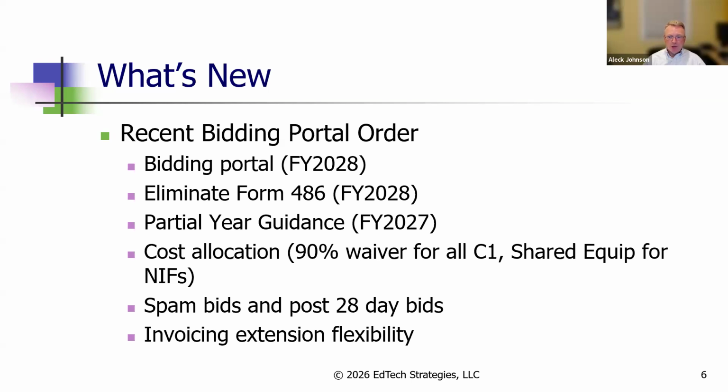That does have some implications, particularly for consortia, because it means that, for example, if you're a consortium, you'll need to collect the Forms 479 from your members before you can file your Form 471. Again, this comes into effect for 2028, so we do have a complete application cycle between now and then, and we'll talk about it more in upcoming trainings.